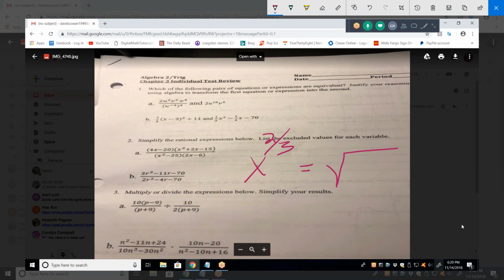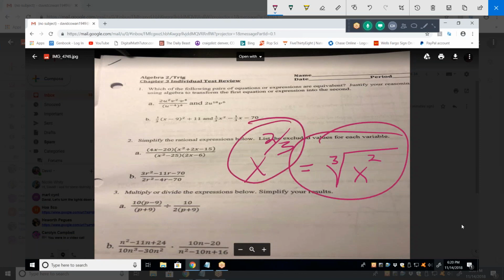Would it be just the square root of x to the 3rd? It's not the square root. Remember, the denominator number is the root, so it's the cube root. Cube root, yeah. And then the numerator goes there. And if they were to give you that problem, that's what they're looking for as an answer.